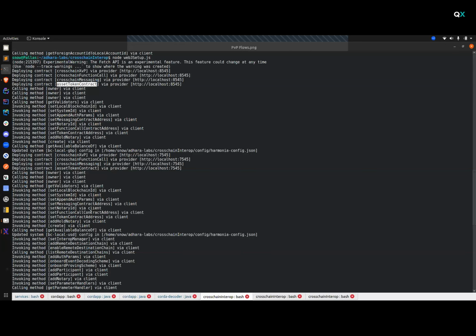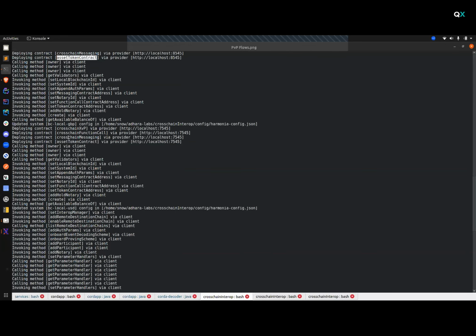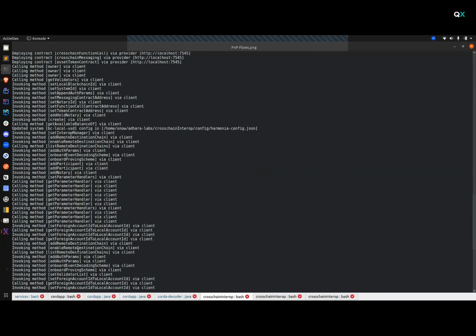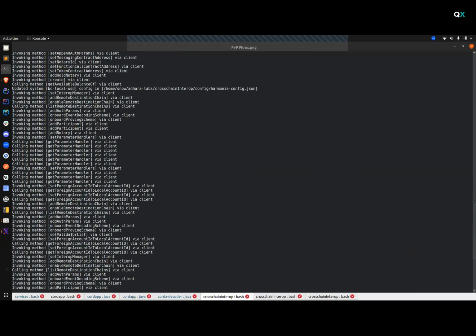So for Ethereum to Ethereum, we will need to upload a validator list, so the second Ethereum ledger will know about the source ledger's validators. If the source ledger is a Corda ledger, it needs to know about the participants of that transaction and also the notary that notarized it.